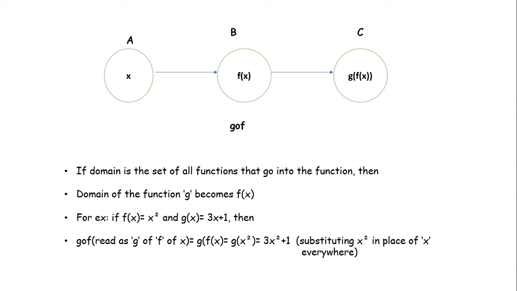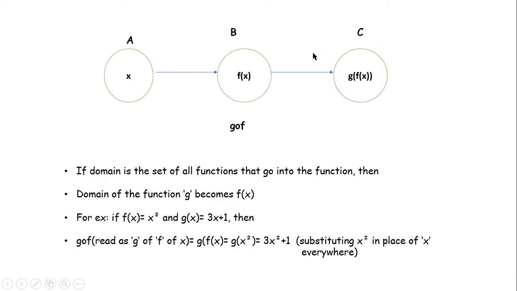The function f goes from set A to set B. So if x is an element of A, then the elements of B are f of x, because all the elements of set B represent the images of the elements of set A. That is the image of x under f.